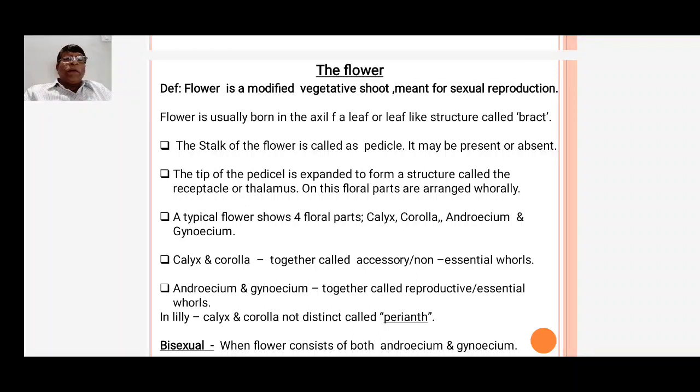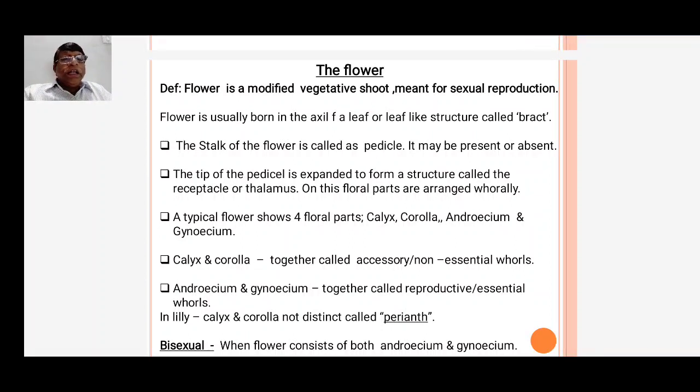Androecium and gynoecium together are called reproductive whorls, because they take part in reproduction directly. Hence they are also called essential whorls.